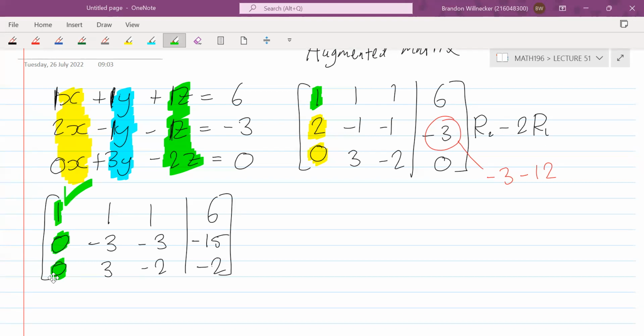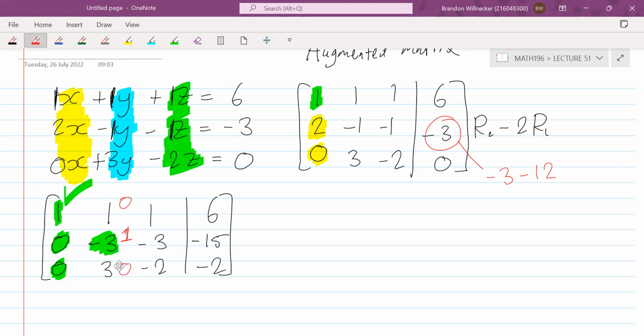Okay, now we look at the next column. We want the second entry, the second row, second column, that's this. We want that to be a 1. And we want everything above and everything below to be a 0. We want that to be a 0, we want that to be a 0.